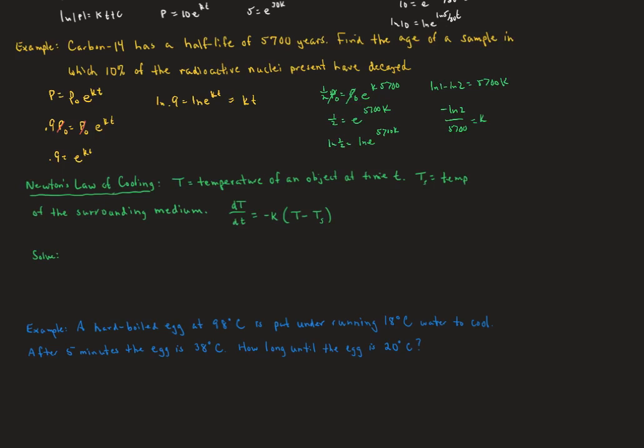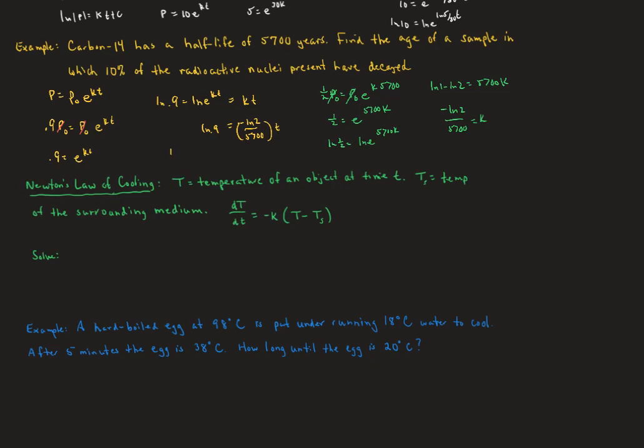So then we can come back now to our equation that we left hanging here, and we can say that our k, this negative natural log 2 over 5,700, times t is equal to the natural log of 0.9. So we can divide that over.